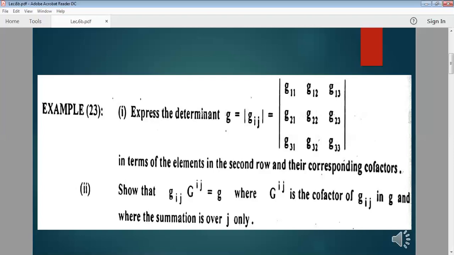As you know, the determinant of any matrix can be found by multiplying the cofactors of each row with the elements of that particular row and adding.